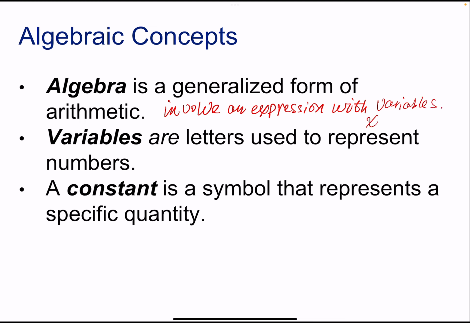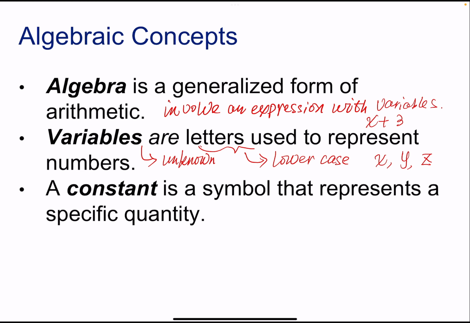For example, x plus 3. That's an algebraic expression. A variable is just an unknown. Typically we use a lowercase letter to represent a variable, such as x, y, z.